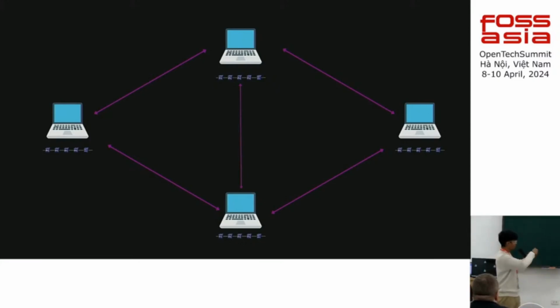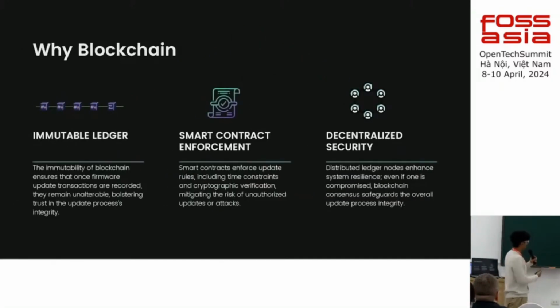So you have to hack the whole network in order to change the update. This is very hard, and that's why you can replace your centralized server with a whole network of nodes.